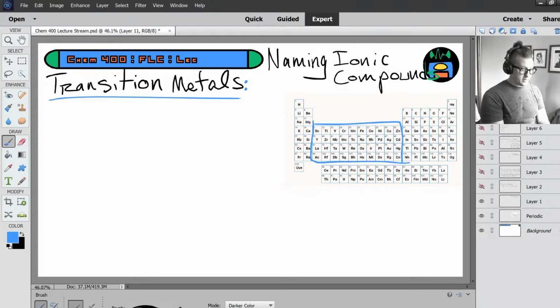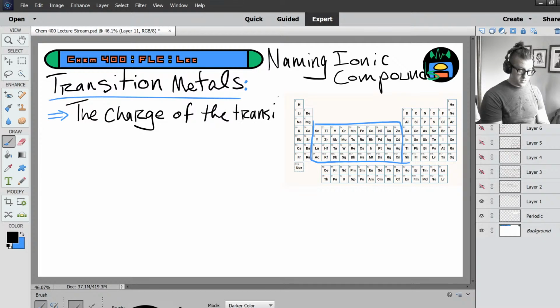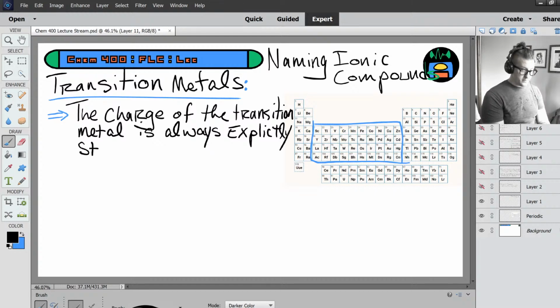When you are naming an ionic compound that has a transition metal, the charge of the transition metal is always explicitly stated in its name.